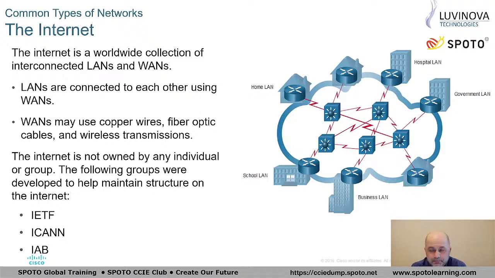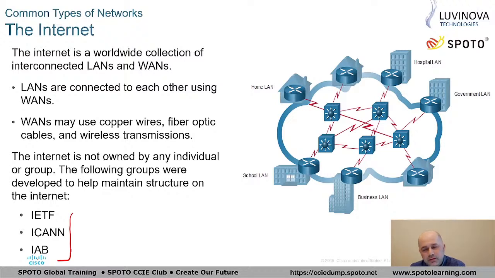The internet, because it's growing every day, every minute, every second, is not owned by any individual. It's not owned by any private company, but is regulated by non-profit public organizations. Those organizations are IETF, ICANN, and IAB.